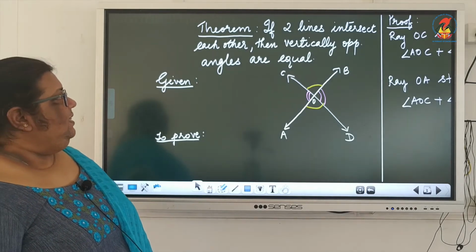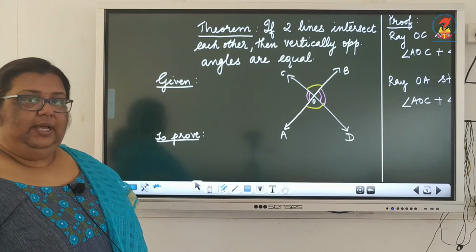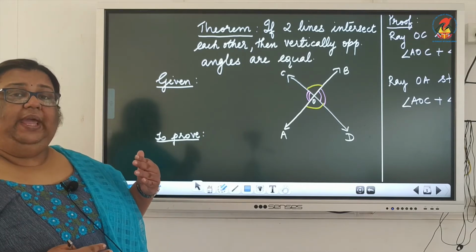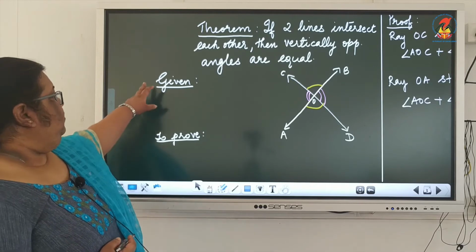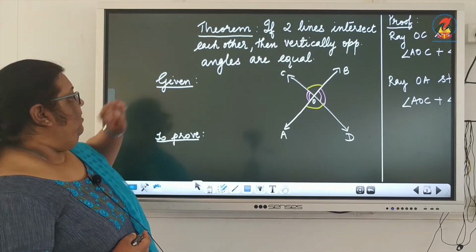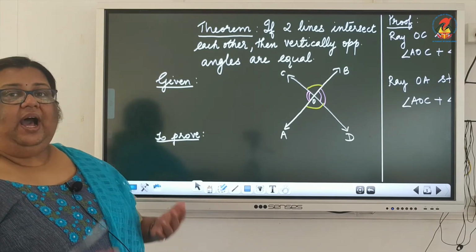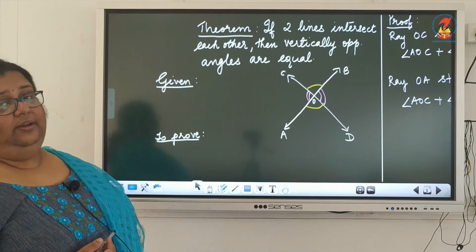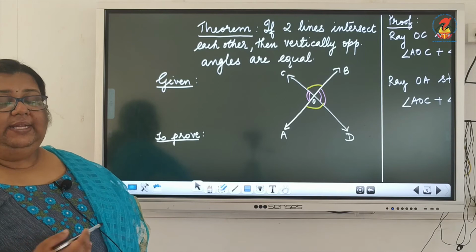Now since it is a theorem, you need to prove it. Whenever you are going to prove a theorem, there is a systematic way to write it. The first thing you have to write is the given part. That means what is given in the theorem and what is being asked. Given: two lines intersect each other. Here what are the names of the two lines from the figure? AB and AC.